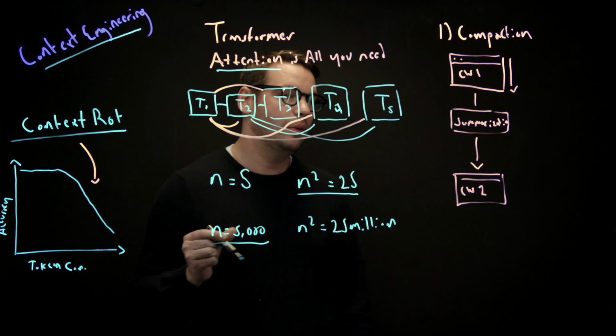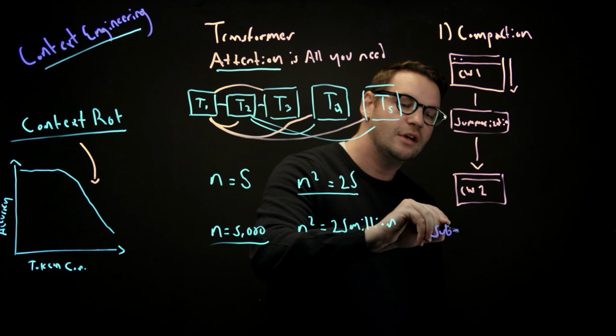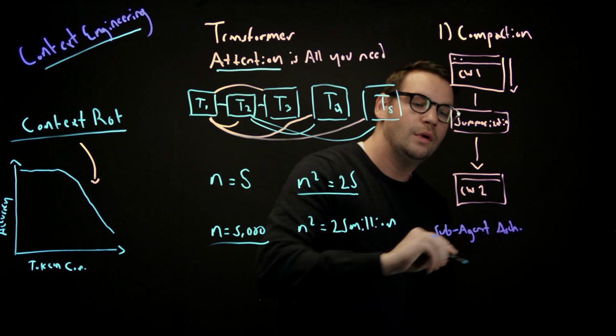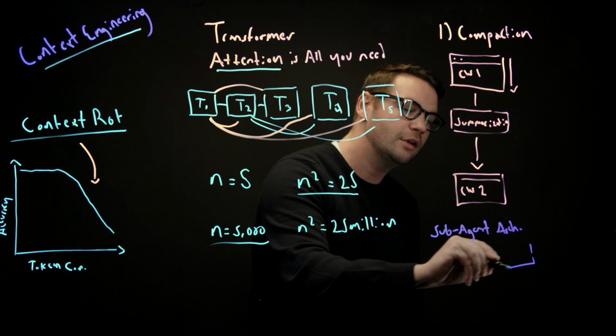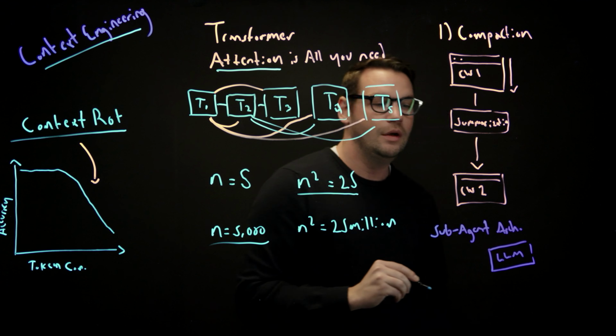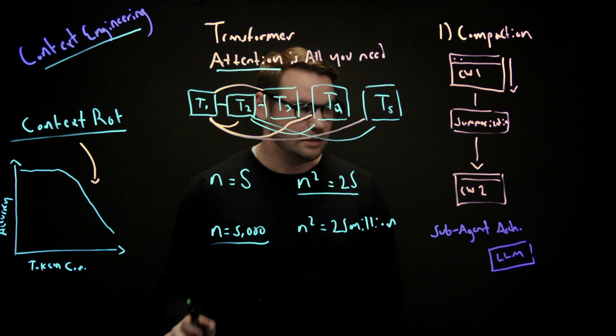Another way to go about it, when running out of room, is sub-agent architecture. Basically, we have our primary agent that would be focused on one particular task, like narrative. So let's say we have this LLM, and let's use the legal example again, just because of consistency.